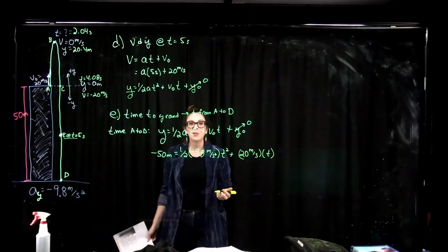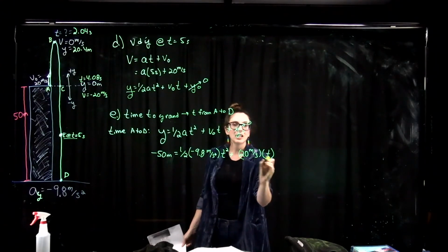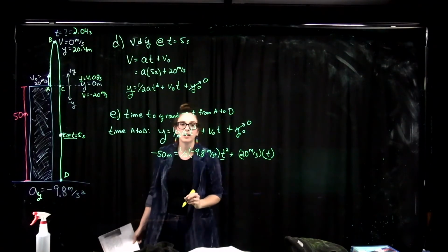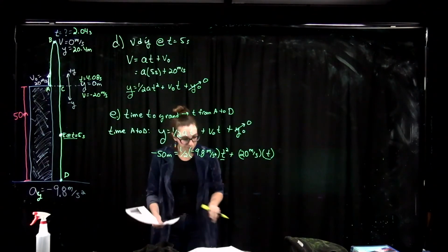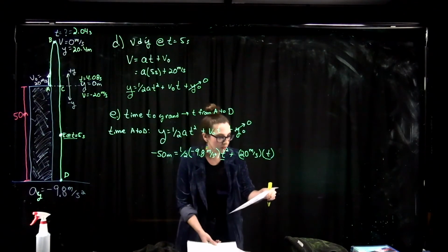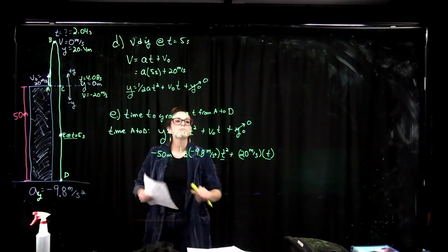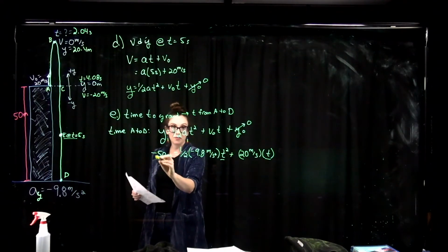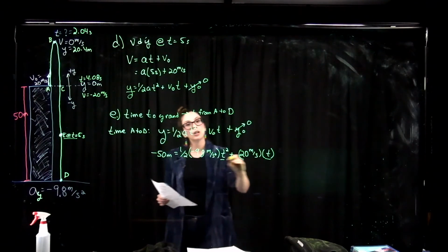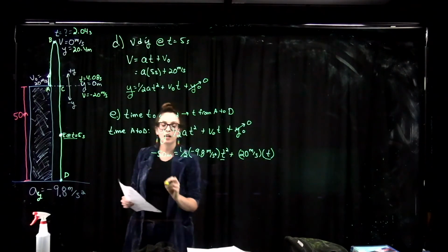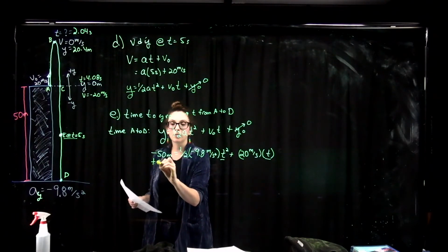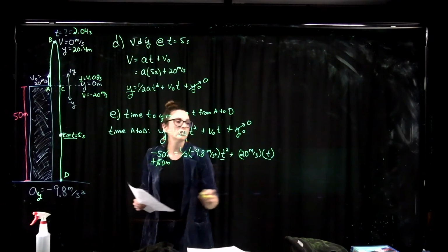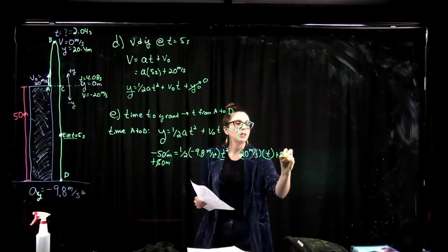Okay, we've got a quadratic here. We've got t squared, and then we've got an additional term here. So let us move the minus 50 meters over to the other side of the equation. So if we add 50 meters here, that cancels, and we add 50 meters over on this side.